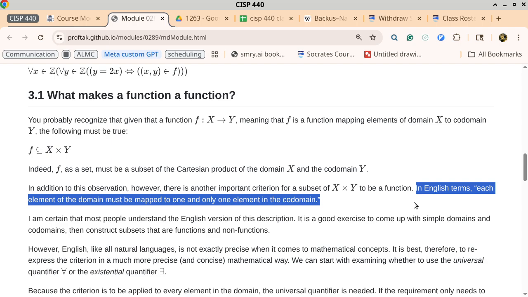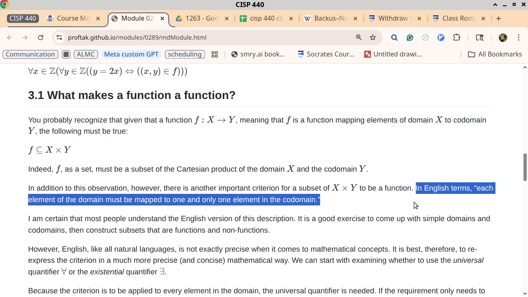Well, yes, not for every element in X. Okay, so for 1 as an element in X, we are all good, right? So if you ask, is 1 as a value of X mapped to 1 and only one element in Y?